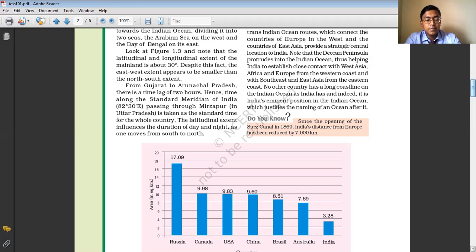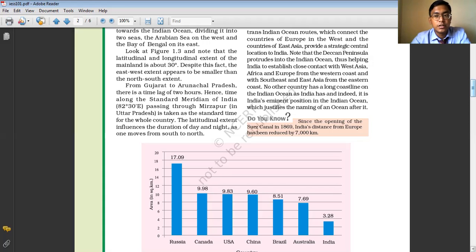Because the places which are located very close to the equator, the difference between the day and night is not so large. But as we go away from the equator, the duration between the day and night becomes much larger. Like in case of Jammu and Kashmir, the point 37°6' north, at that particular point, there's a huge difference between the duration of day and night.